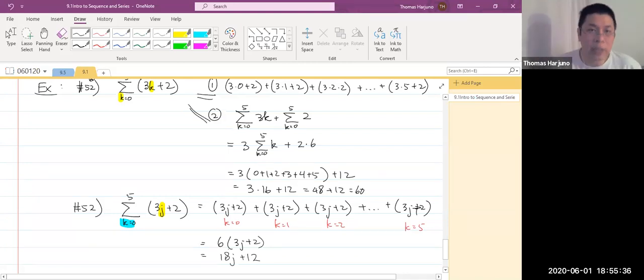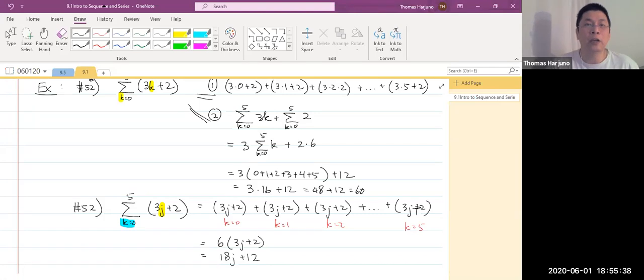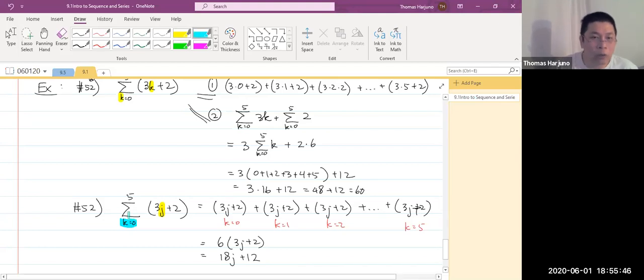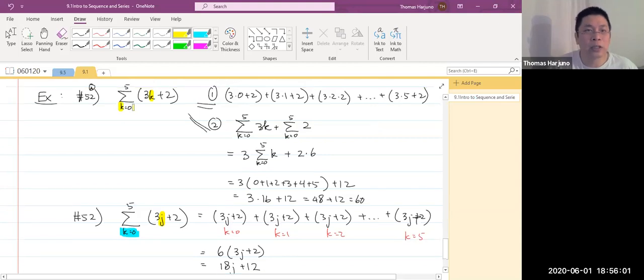So yes, it is different if the variable here is different from the index here. For the counter to work, the index has to be the same as the variable you use, like what we had earlier, where the index is k and the variable is also k.